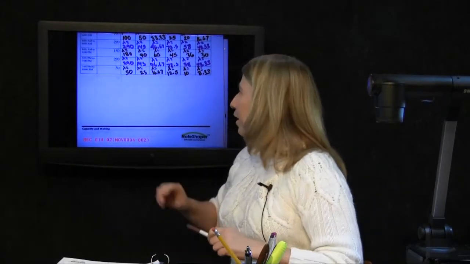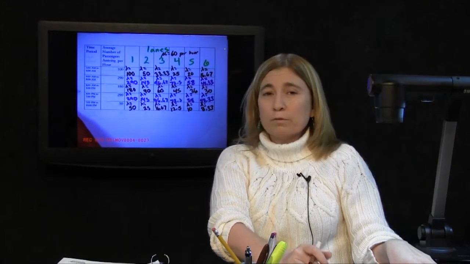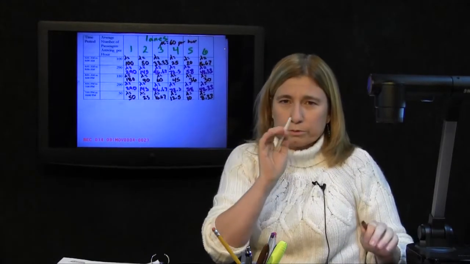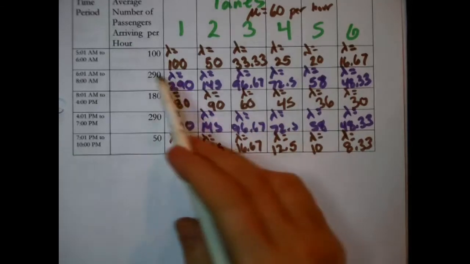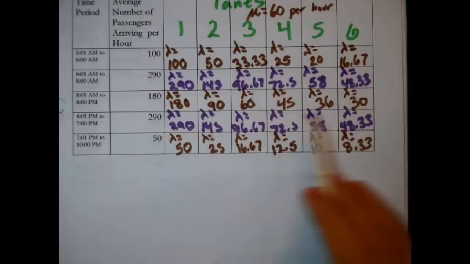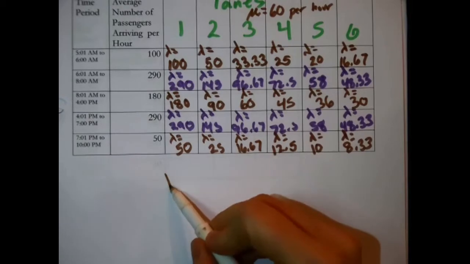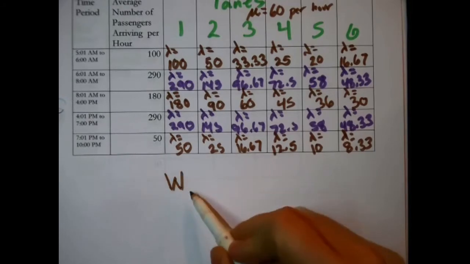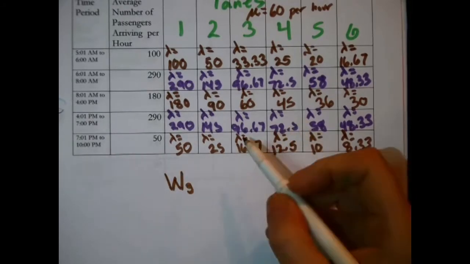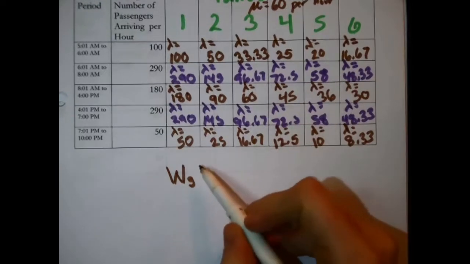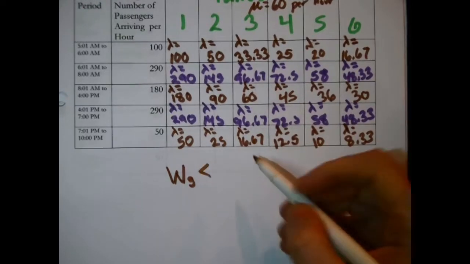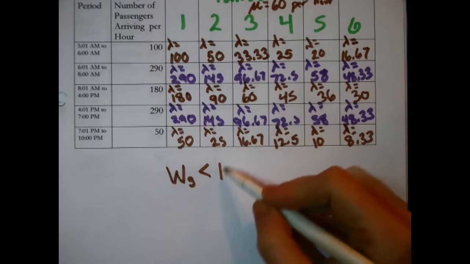All right, now it looks like we have what we need. For each one of these intervals, what number of lanes are we sure that WS is less than or equal to 10 minutes?